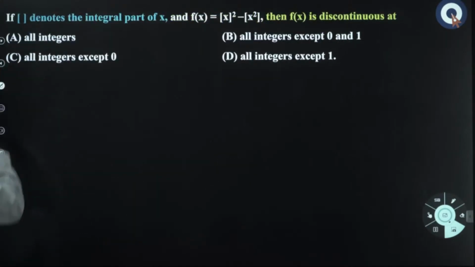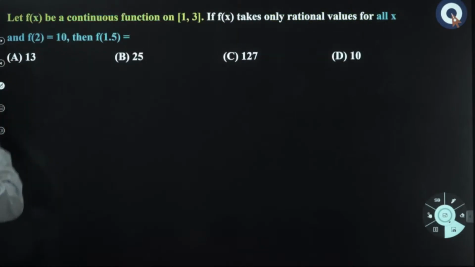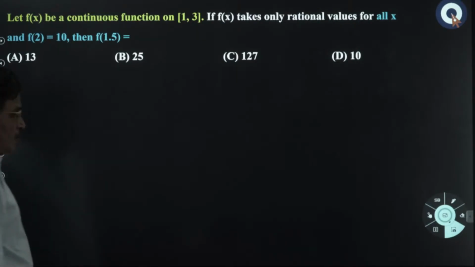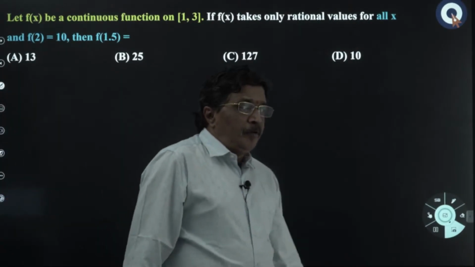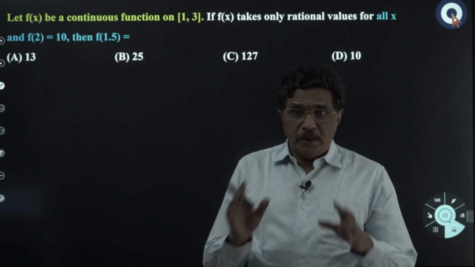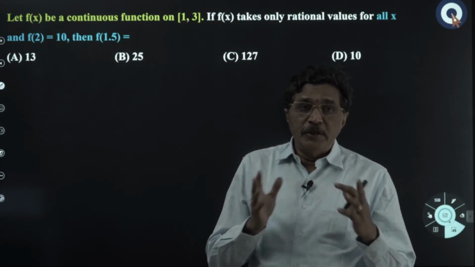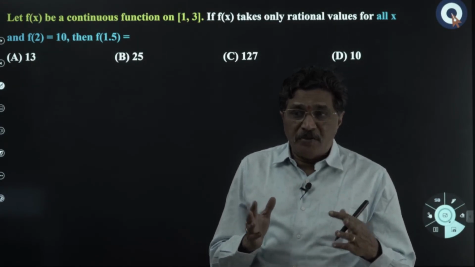Let f(x) be a continuous function on 1 to 3. If f(x) takes only rational values and f of 2 is equal to 10. In view of the continuity, again the same theorem, between any two rational numbers there are infinite number of irrational numbers.